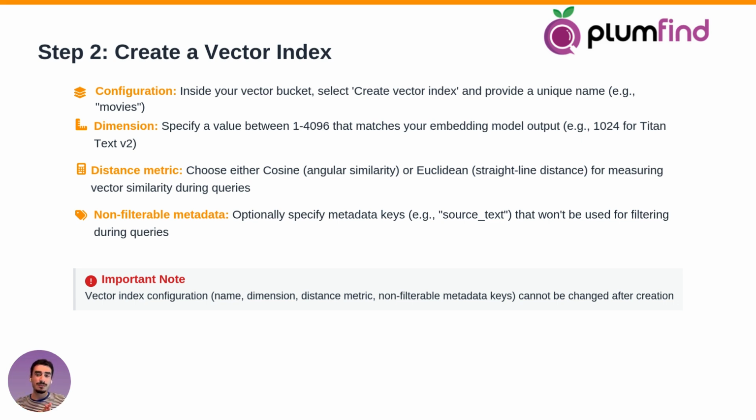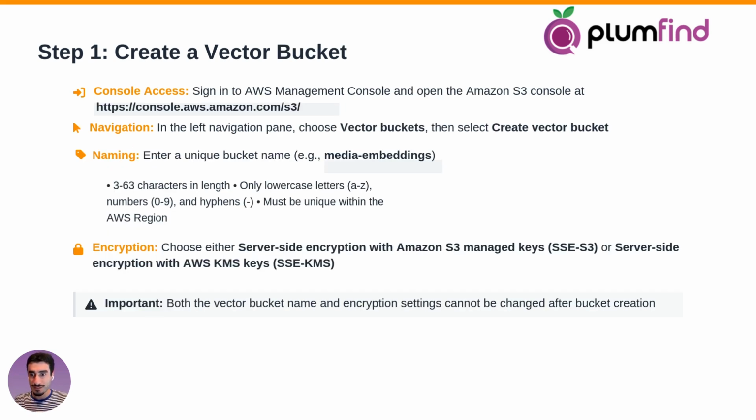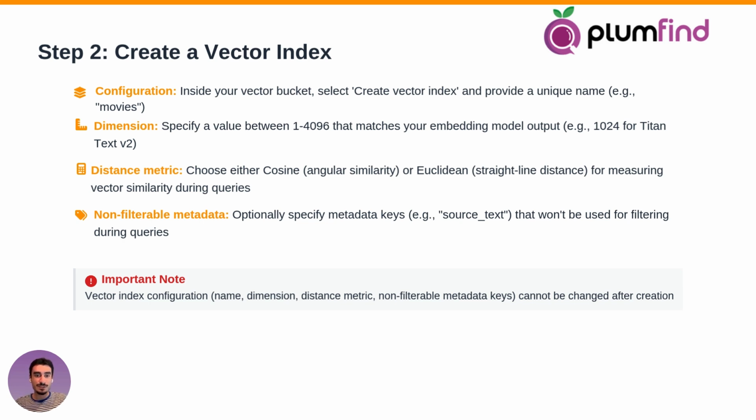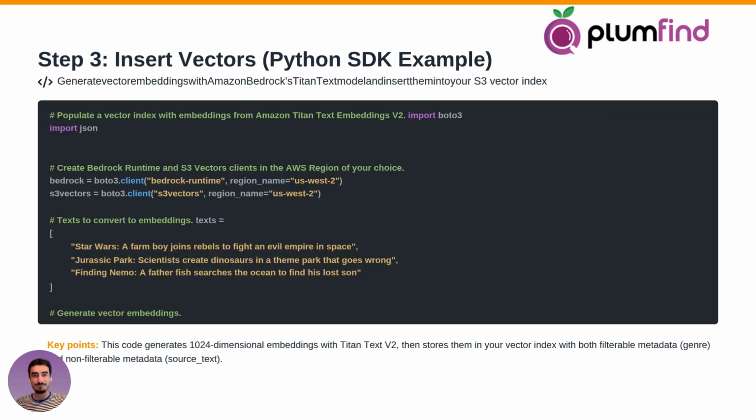You can also check the model that you want to use so that you can find the proper one. Also, you can add non-filterable metadata keys for reference data. And these settings cannot be changed later, as we talked about in the previous slide for encryption and bucket name.